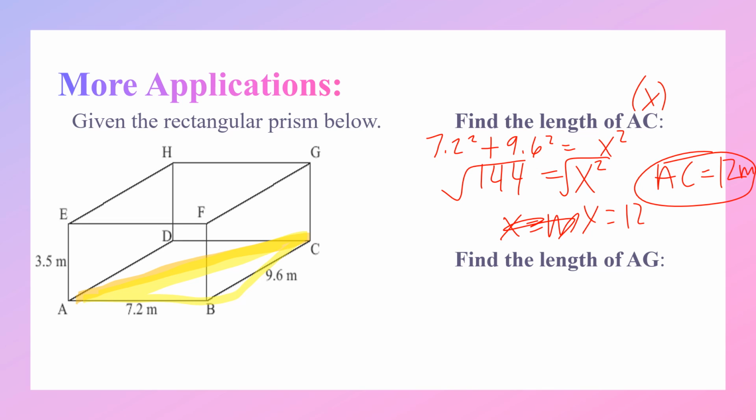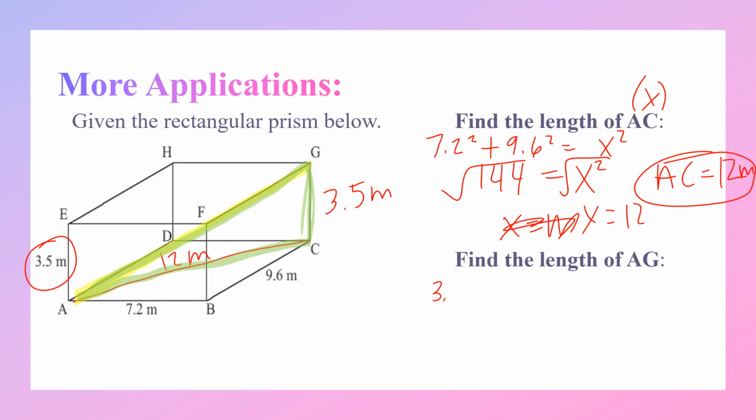Okay, now we have what AC is, which is 12 meters. Now it's asking us to find AG. So look at the kind of triangle that it forms. We know that GC over here is 3.5 meters because this side is 3.5 meters.